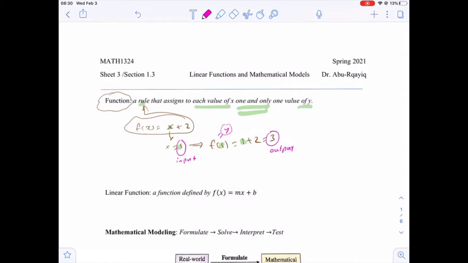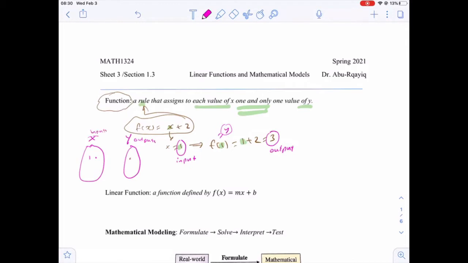The function has a domain, or the set from where we get these inputs. Let's call this set x. So we have, for example, 1 here, and we have another set, the corresponding set y, and that is the set of the outputs, and x is the inputs.